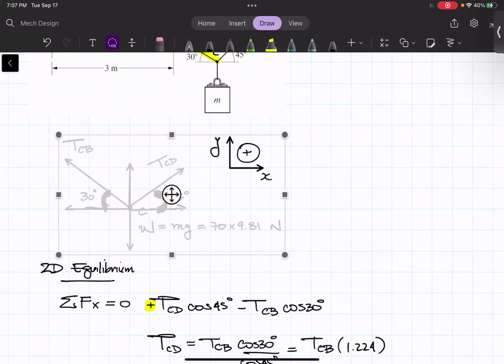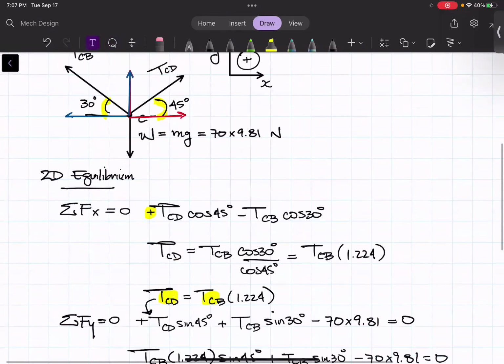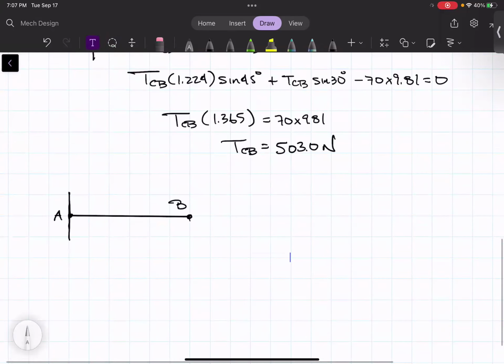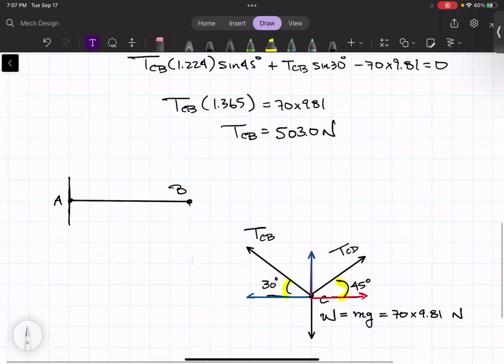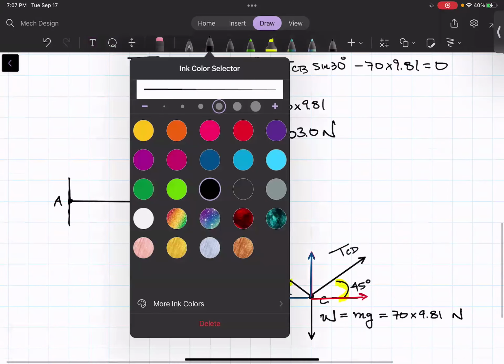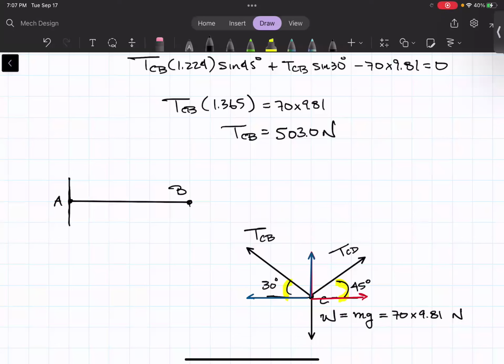At B, obviously, so I'll show it like this. We have to think about Newton's third law of motion, which says equal and opposite forces. When we move from one free body diagram to the other, the forces shared between the free body diagrams have to be equal and opposite.